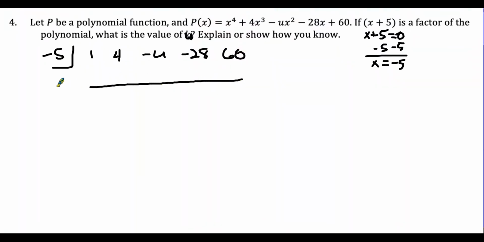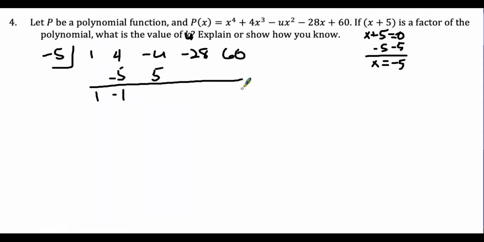So if I start going through my synthetic division process, well, bring the 1 straight down, multiply 1 times -5, add straight down, so that would be -1, multiply, that would be 5. Now, we have two options here. I can continue this problem and just say that down here, this would then be -u plus 5.